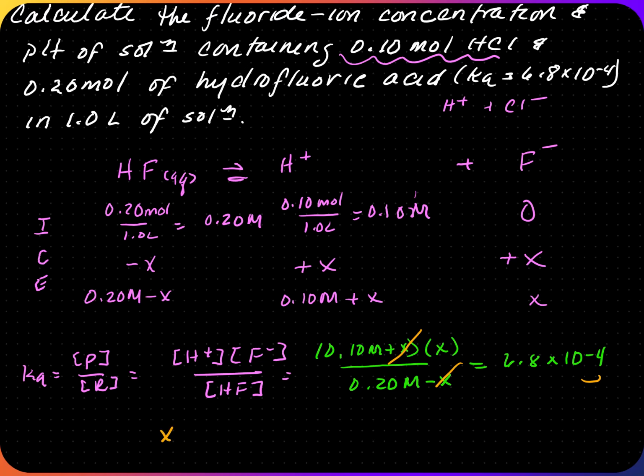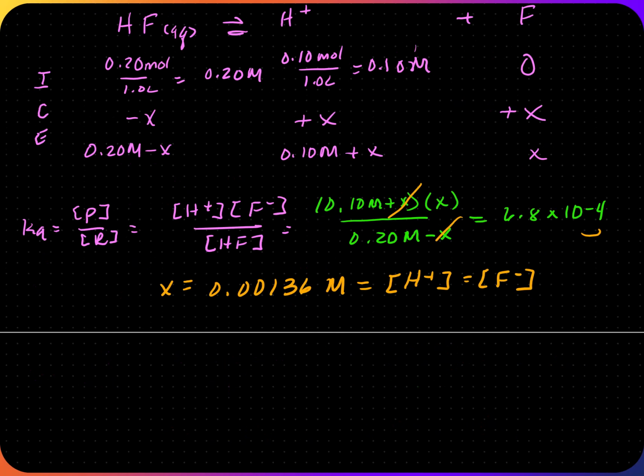Plugging into your calculator, X becomes 0.00136 molar, which is the concentration of H plus and F minus. So checking the 5% rule: percent is equal to A over HA, the initial concentration, times 100.